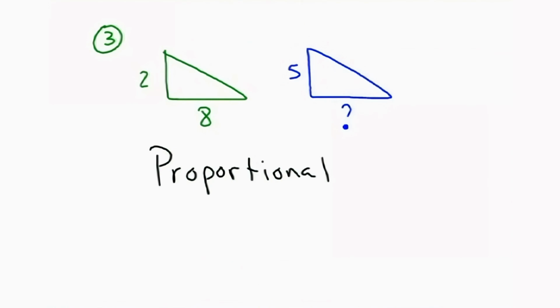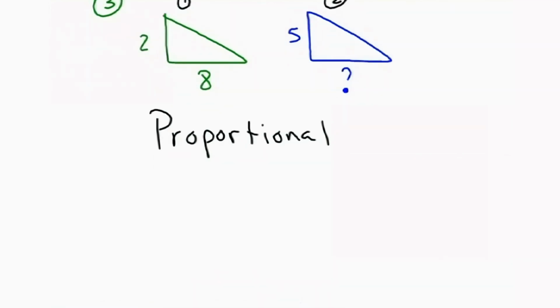If I tell you that triangle 1 is proportional to triangle 2, then we have that 2 to 8 is going to be equal to, and this is a vertical side here, the 2 corresponds to 5, so 2 to 8 is equal to 5 to what?